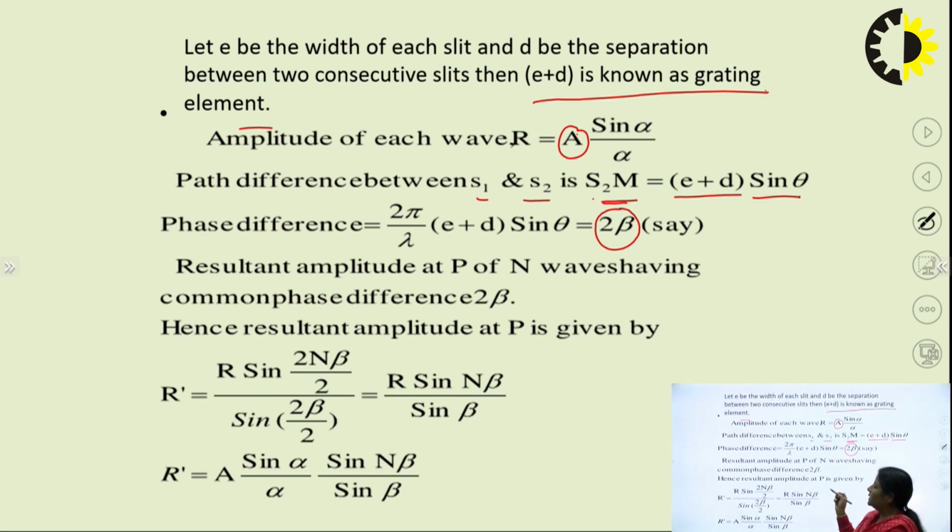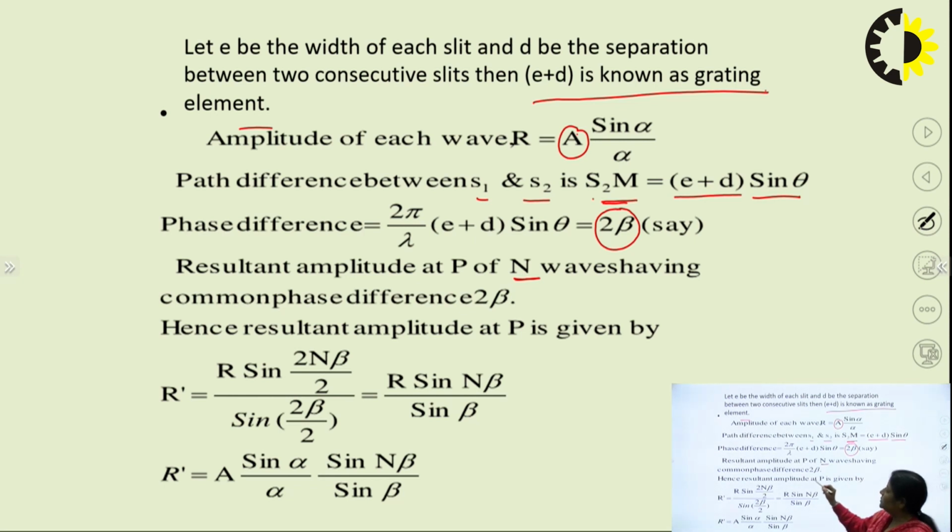So we were discussing the resultant amplitude at the point P. P is that point which we have obtained on the screen due to all the diffracted beams from the capital N number of slits. This capital N is for the number of slits which were arranged in series. All right.